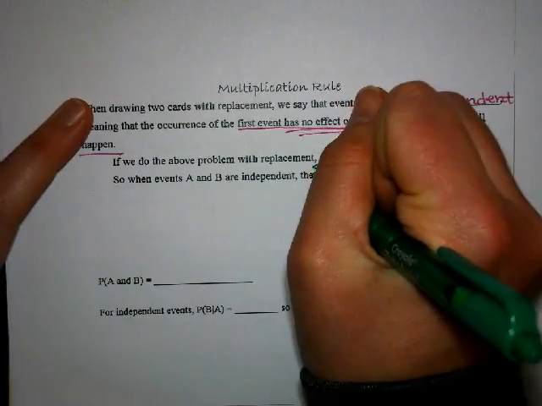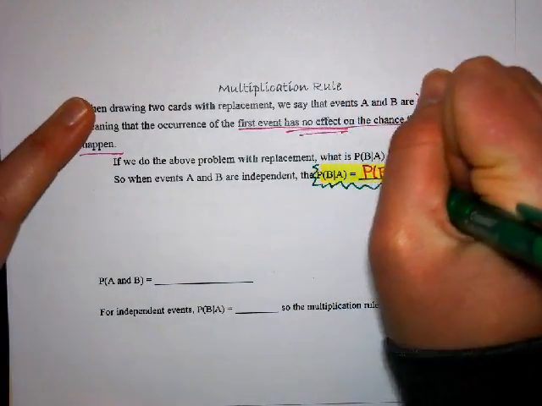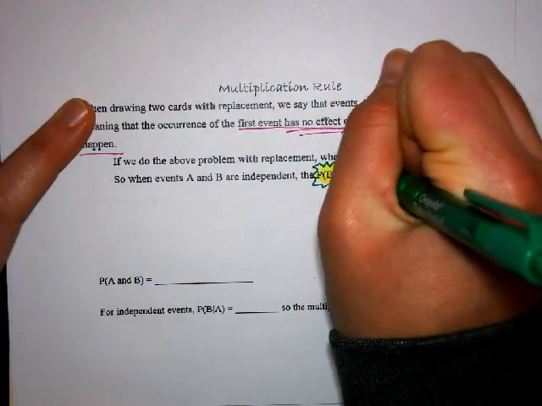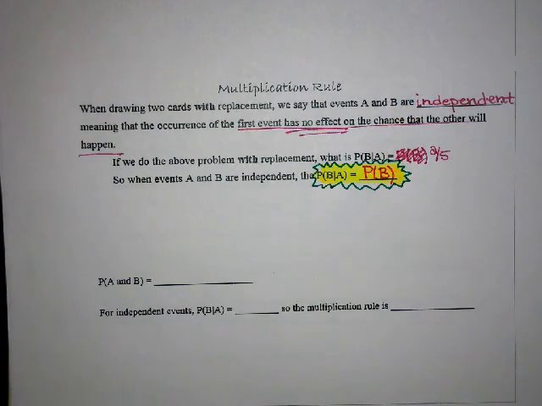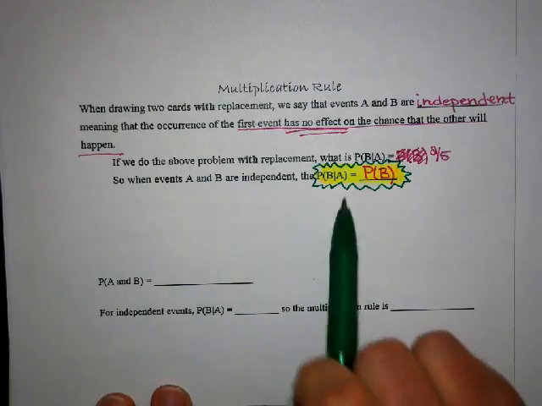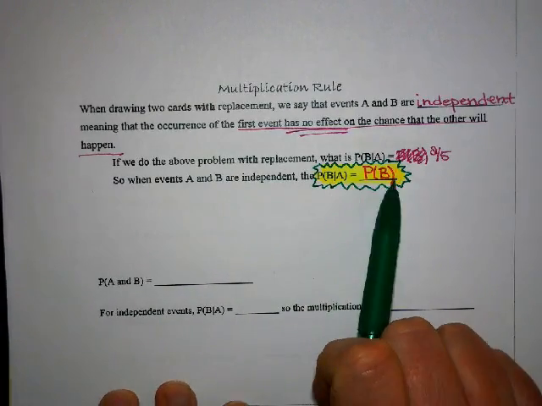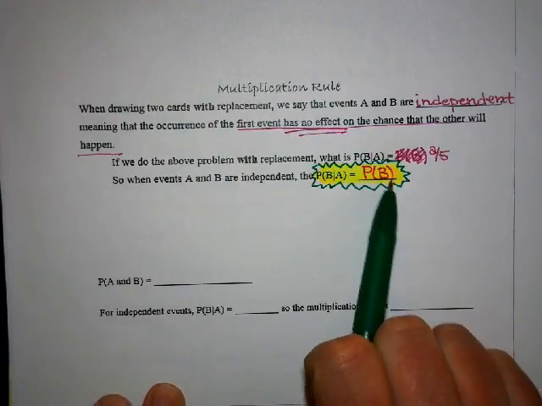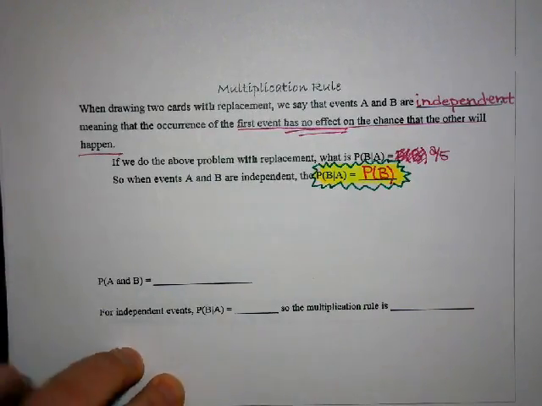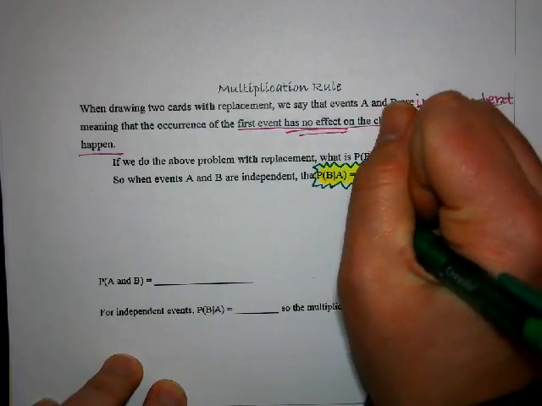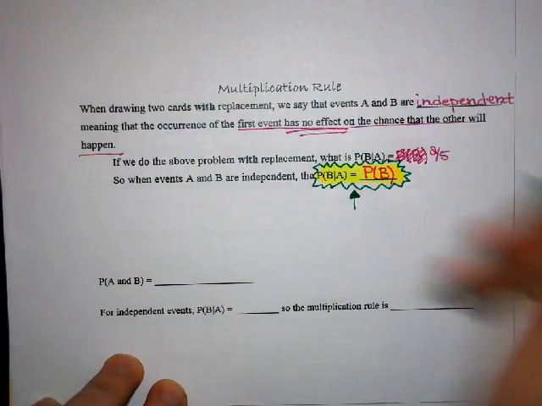So when you're asked, are events A and B independent, yes or no is not a complete answer. You have to say yes, because probability of B given A equals the probability of B, or no, because the probability of B given A does not equal the probability of B. So this right here is how we show independence.